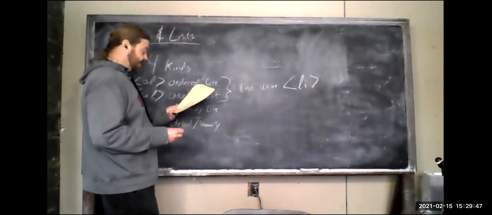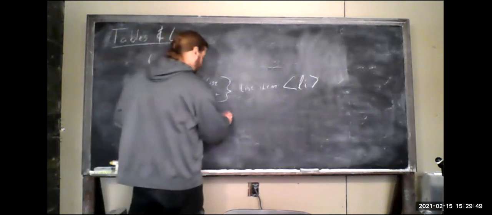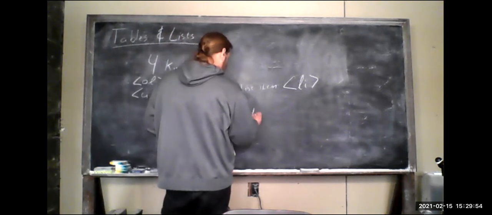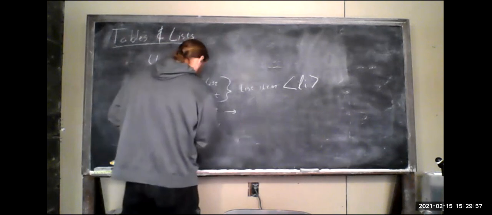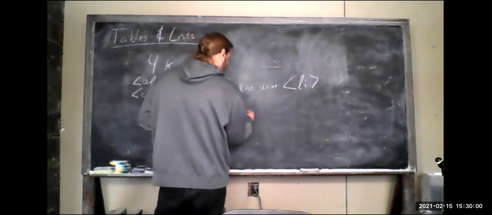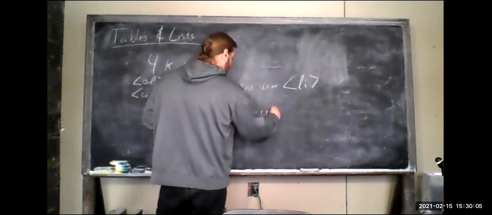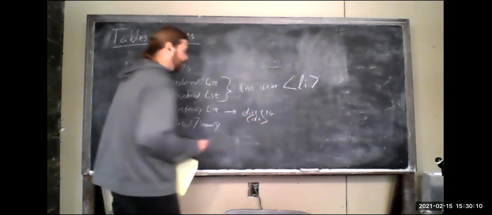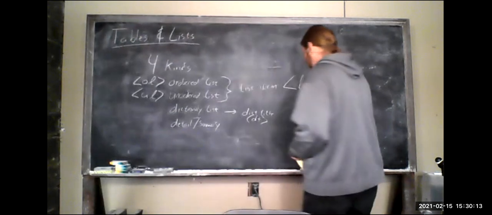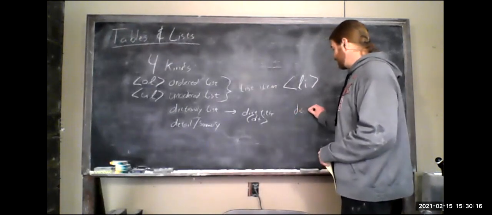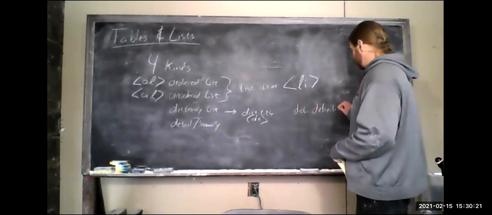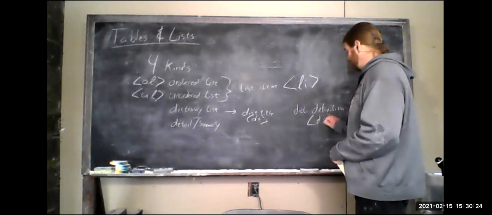And for a dictionary list, we put in two things. First off, the DT, which is the title. So dictionary title, which is the DT tag, and then the dictionary definition, or DD.